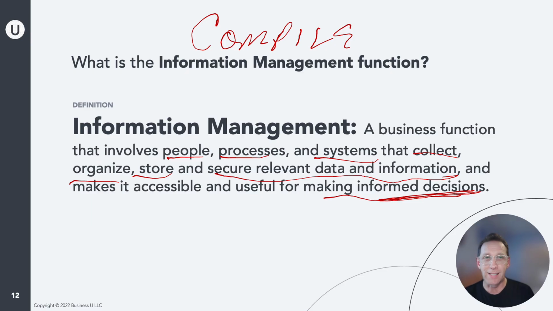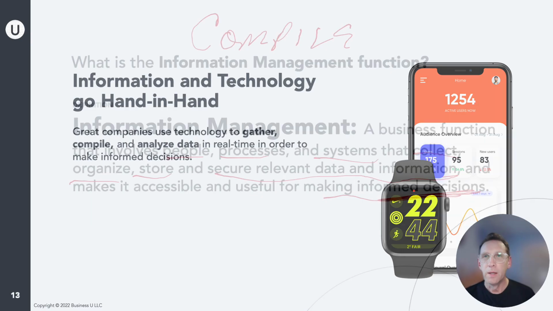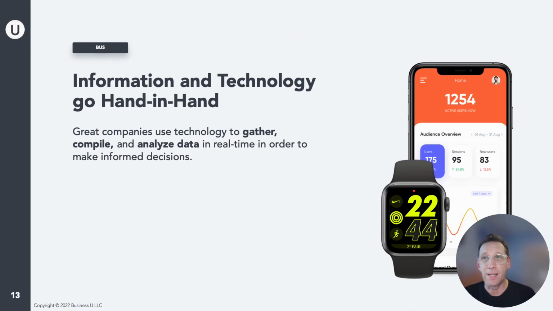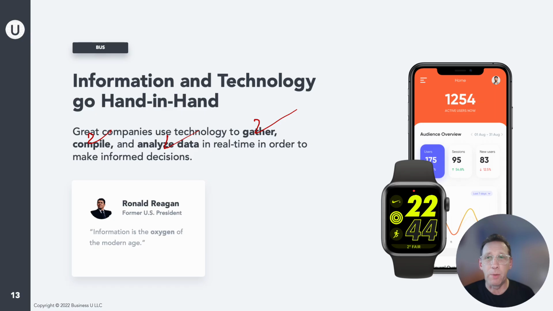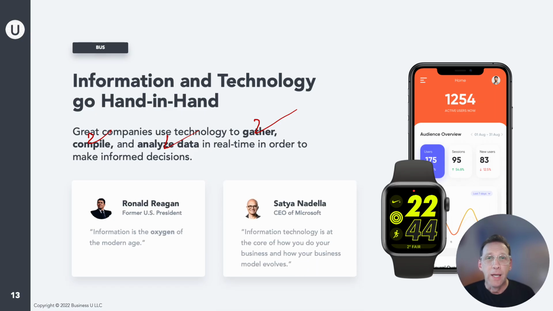Now, information and technology these days go hand in hand. Great companies use technology to gather, compile, and analyze data in real time in order to make informed decisions. Ronald Reagan, a former US president, said information is the oxygen of the modern age. And Satya Nadella, the CEO of Microsoft, said information technology is at the core of how you do your business and how your business model evolves.